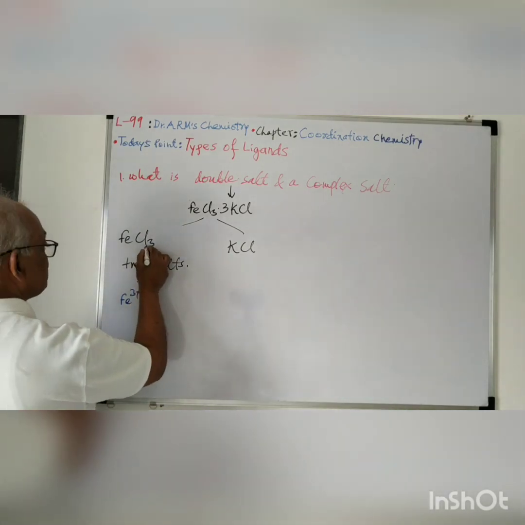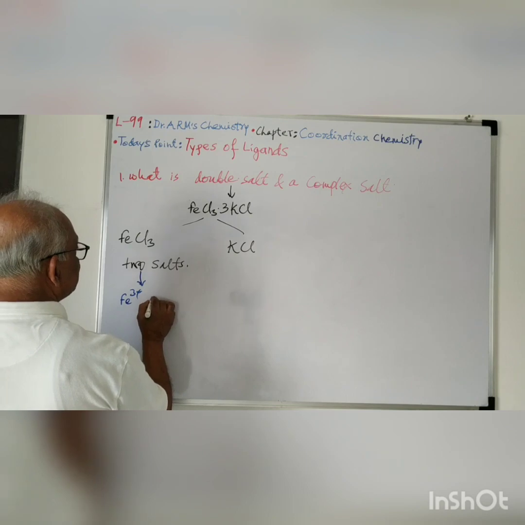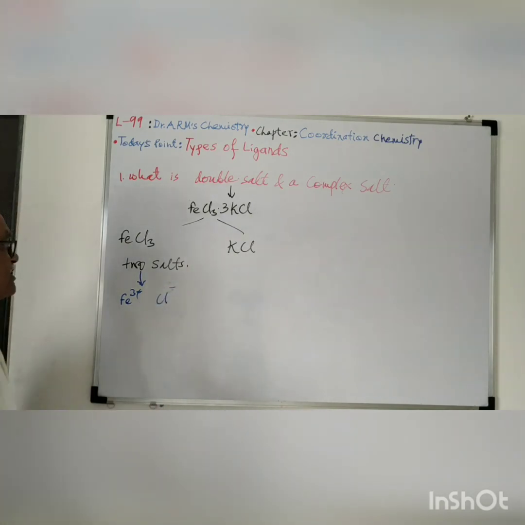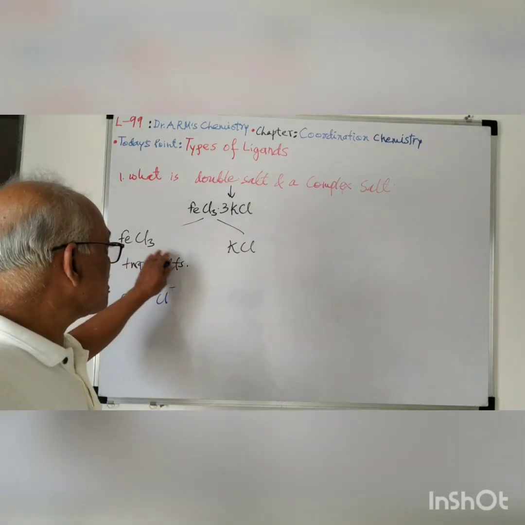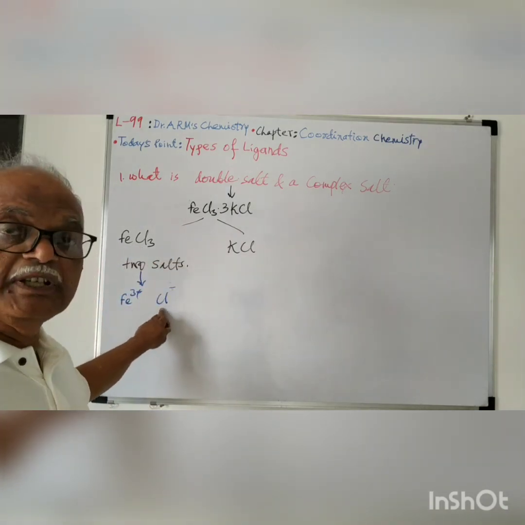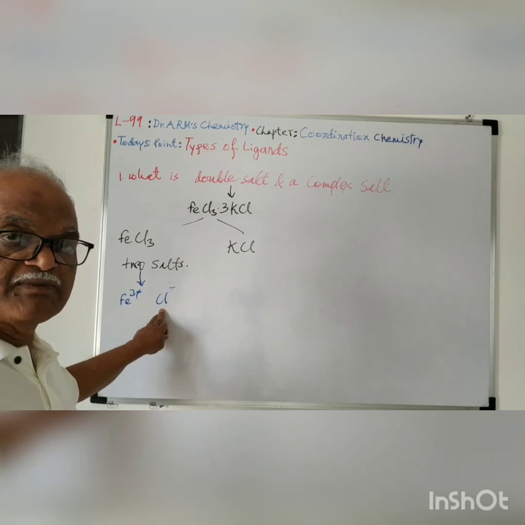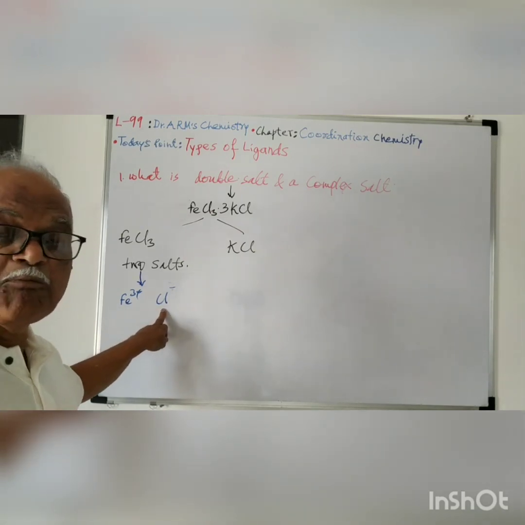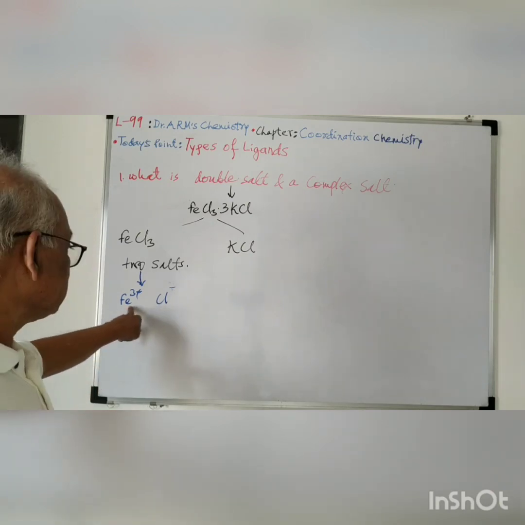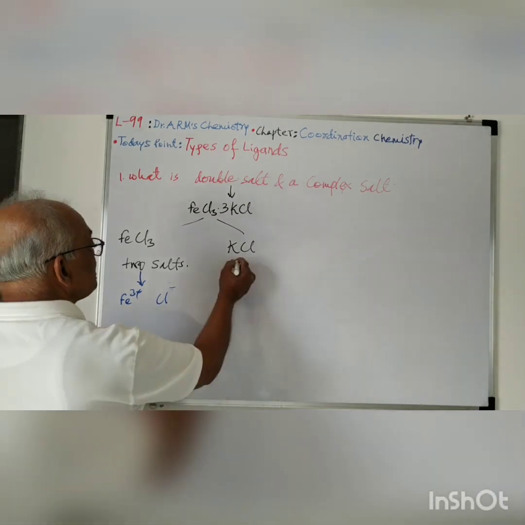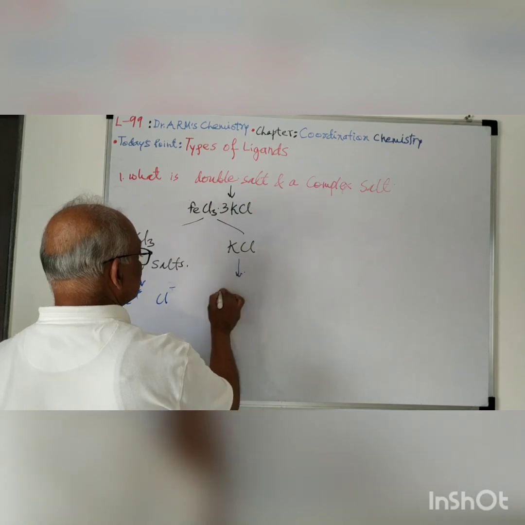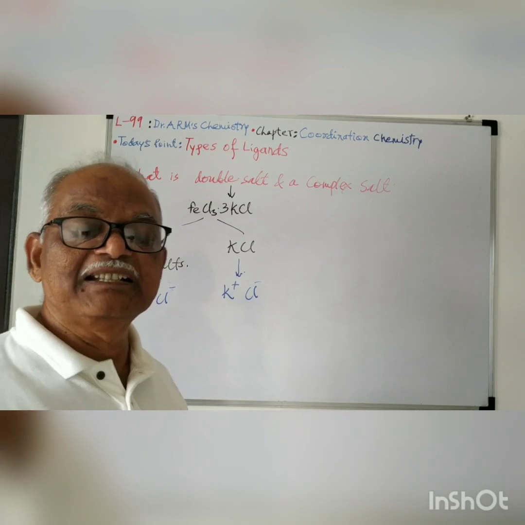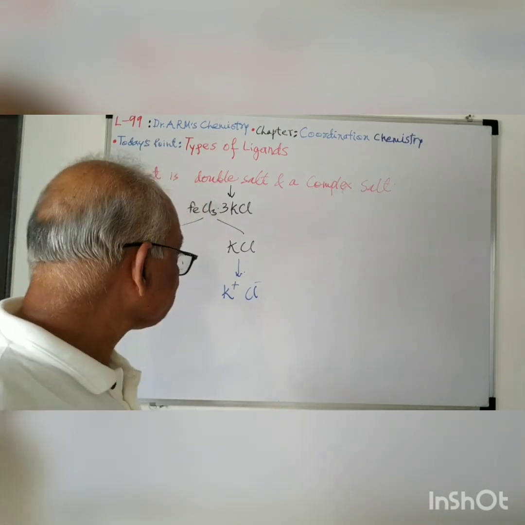Similarly, we can detect the presence of Cl minus. Means the simple salts in aqueous form show the presence of their component ions, cations and anions. Similarly, the other salt will show the presence of K+ and Cl minus by suitable tests.